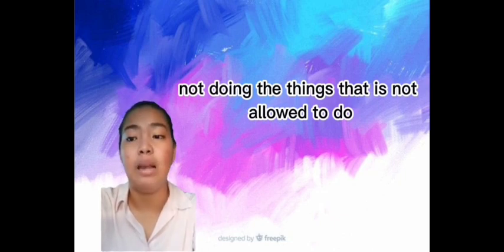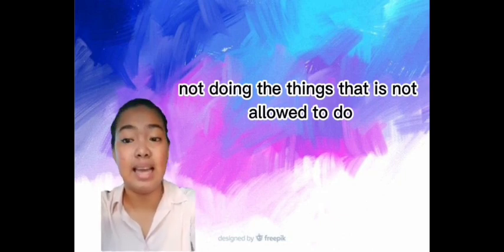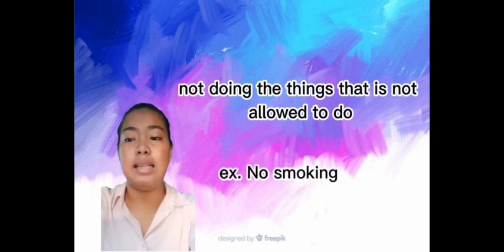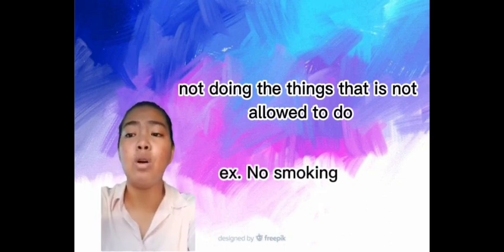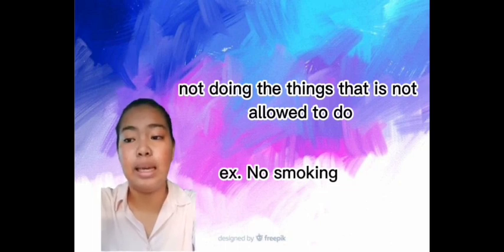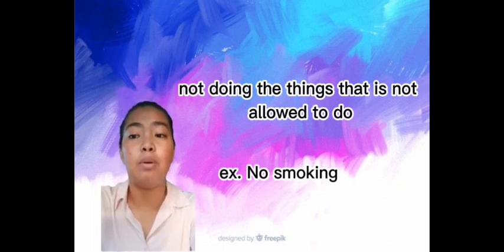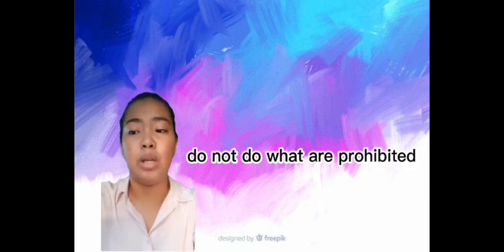Like for example, the sign, no smoking in this area. When you smoke there, you will be accused by people who can see you doing it, or they call the police just to ask you to stop doing it. So it means that you must not do what is prohibited.